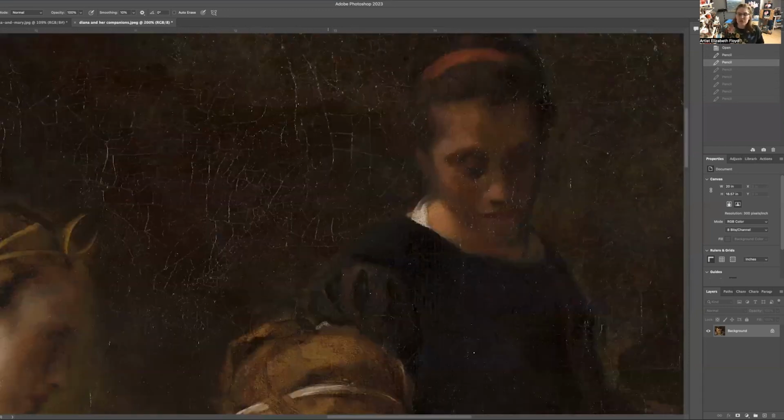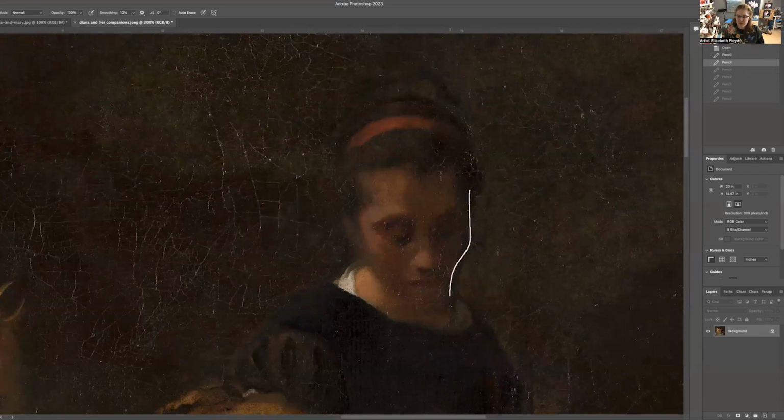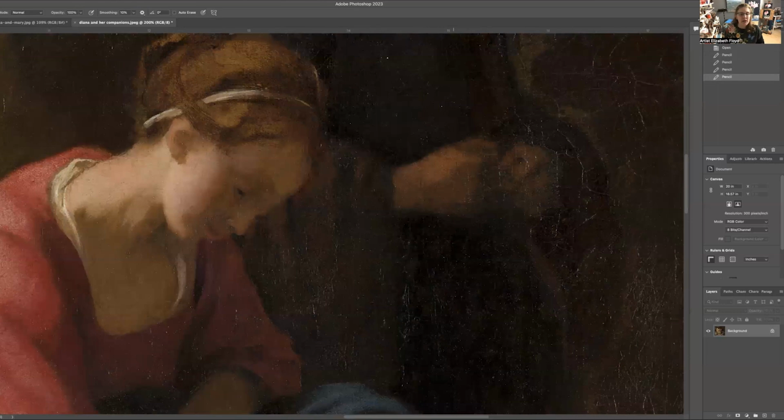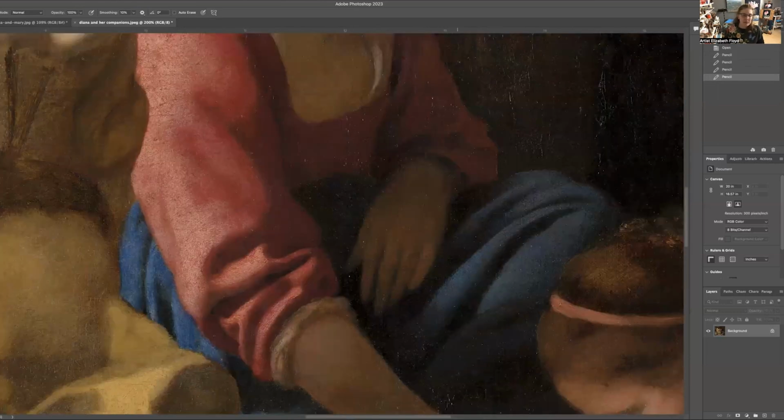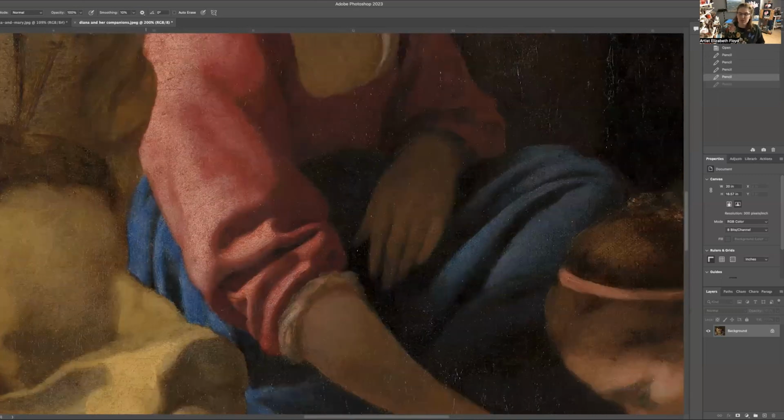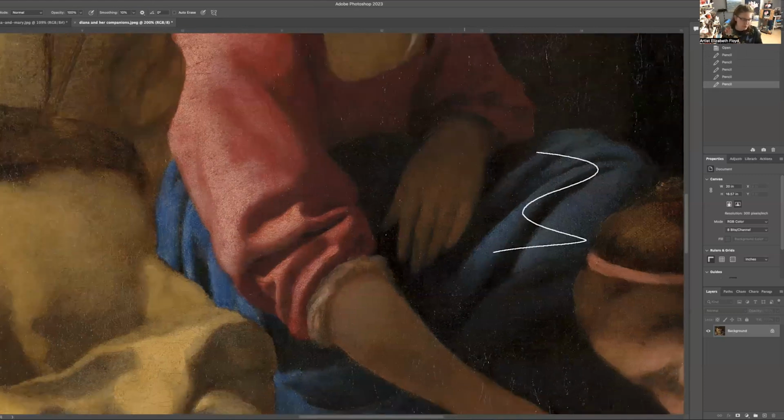So let's look. So there you go. You can also see some of the more underdrawing, but I want to talk about again, that blue is probably your ultramarine blue because it's a much more vibrant blue. This blue here is more likely smalt blue, which is pulverized cobalt blue.